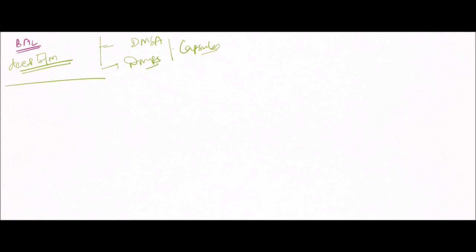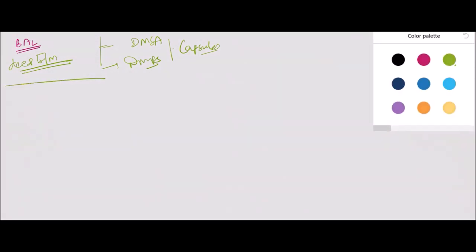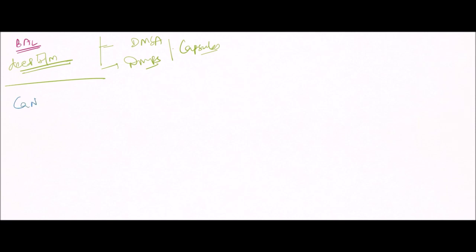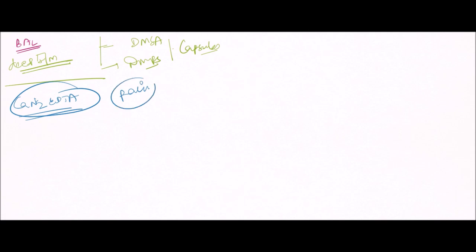The second antidote is calcium disodium EDTA, one of the important chelating agents. It causes pain when given by the intramuscular route, so we have to go for the IV route, and that too as an infusion.